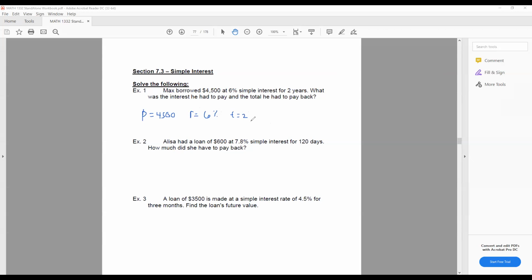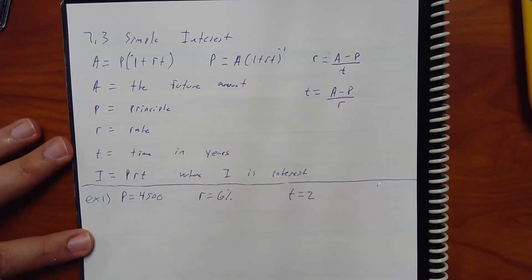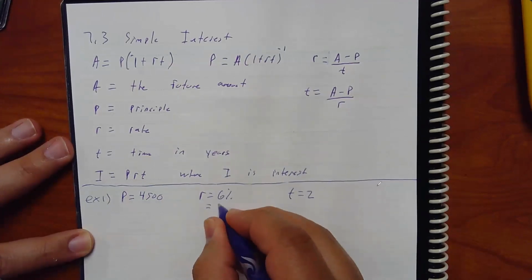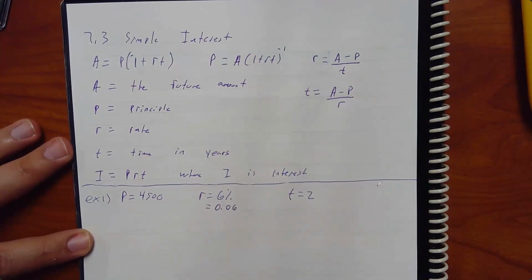That's what he borrowed, right? He borrowed it at an interest rate of 6%. He paid it back in 2 years. Decimal rate has to be in decimal form. So divide by 100 to get this.